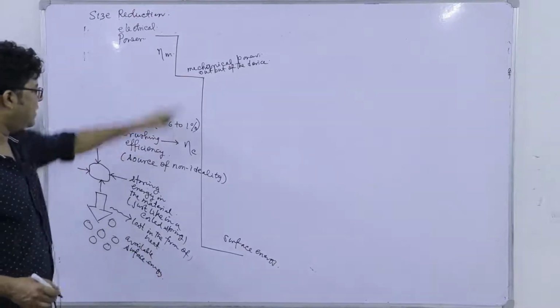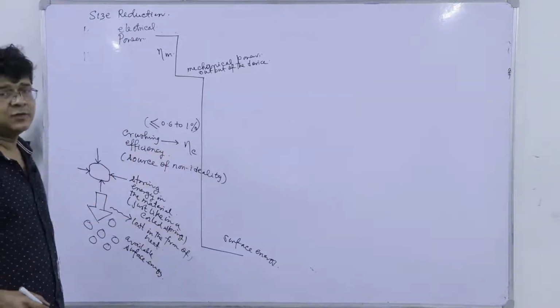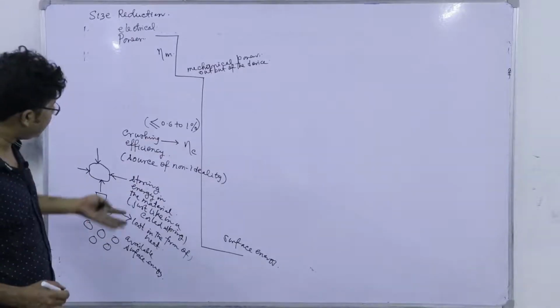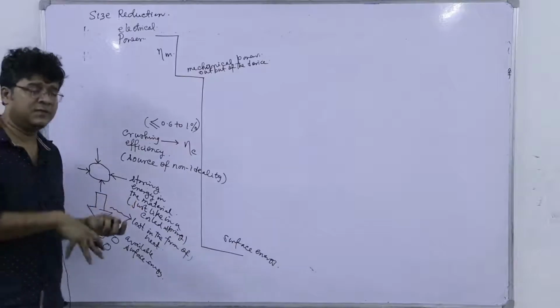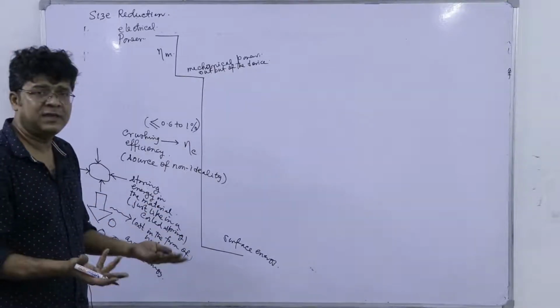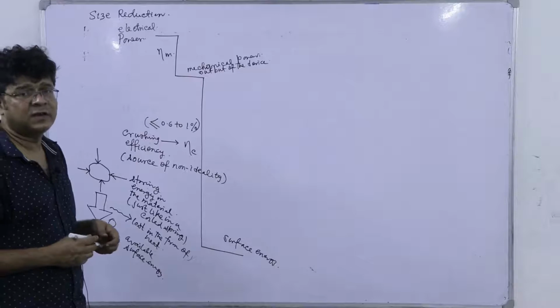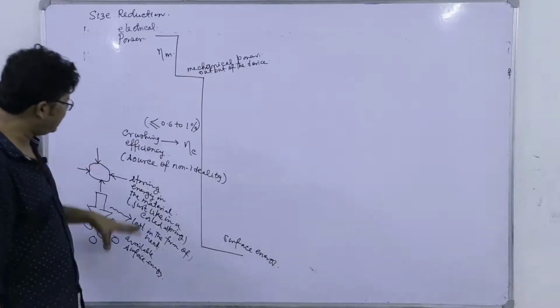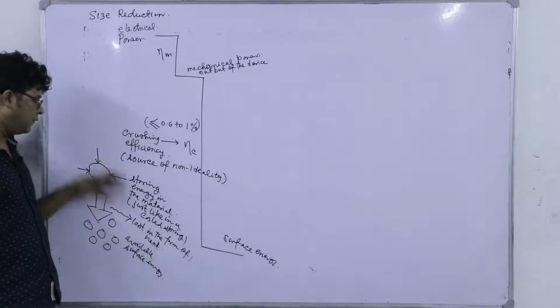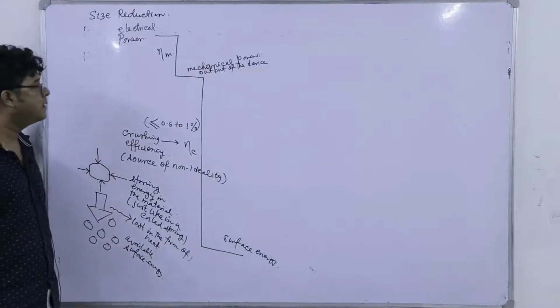Because of that, we have a very low value of crushing efficiency. When we do the actual calculation, we will neglect this part, that no heat is lost; whatever energy we are giving is definitely used to create the new surfaces. That means this is equivalent to the surface energy. So that is basically the fallacy of our idealization, okay.